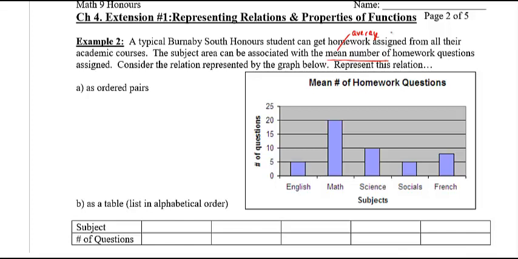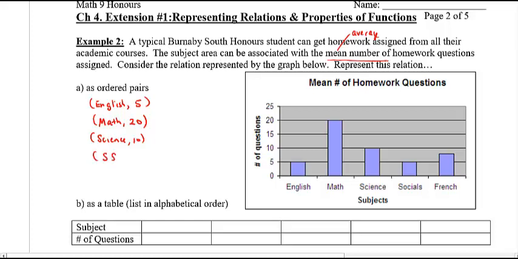So consider the relation represented by the graph below. And I want you to represent this relation as an ordered pair. So notice we have subjects, and then we also have the number of questions. For example, if I have English as my subject, how many questions? Yeah, 5. Then I get math. Whoa, those math teachers are really mean, hey? 20 questions for you to do. Science teachers, oh, they can only give 10.